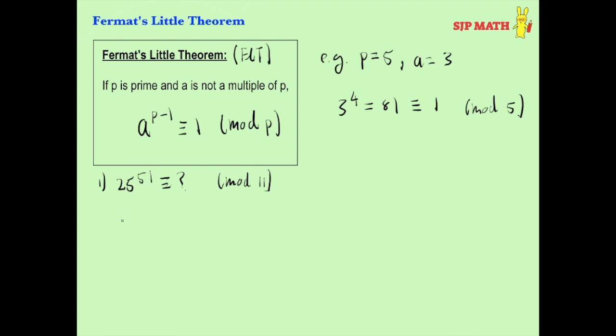So by FLT, 25 to the power of p minus 1, which is 11 minus 1, which is equal to 10. So 25 to the power of 10 is congruent to 1 mod 11 by FLT.